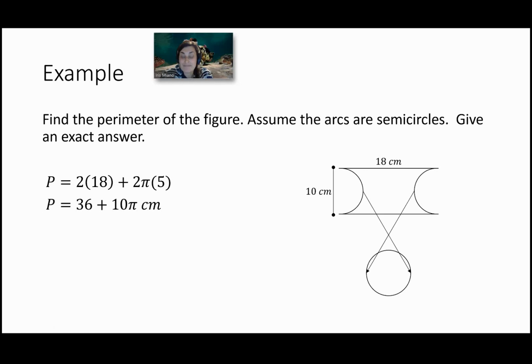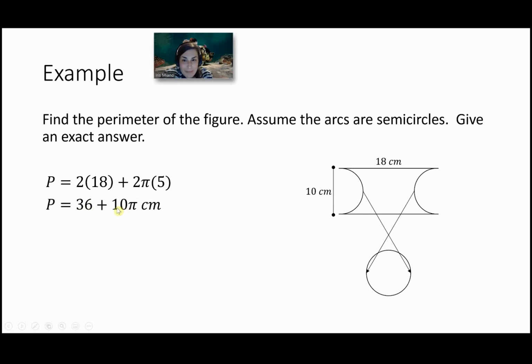And then, yeah, I know this might feel a little bit weird, but stick with me on this, folks. Here's my perimeter, and it has two separate terms to it, and that's the final answer. Notice that the centimeters are in play. If I'm going to give an exact answer, I need to keep these two terms separate because they're not like terms. One of them, the 36 centimeters, is an integer value, a rational number value.